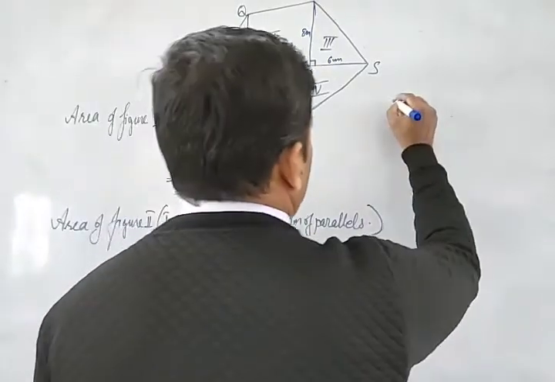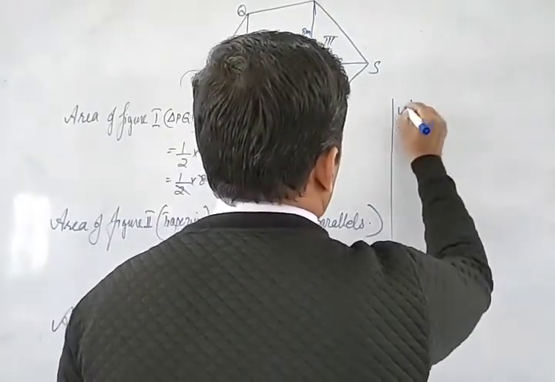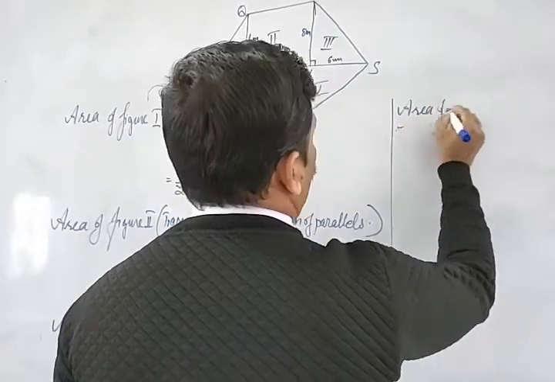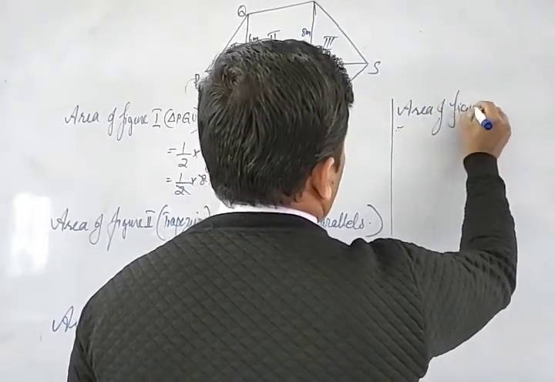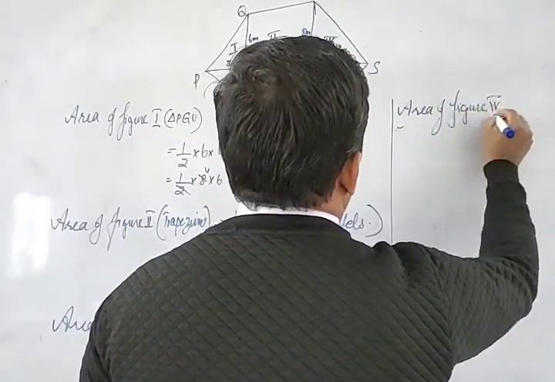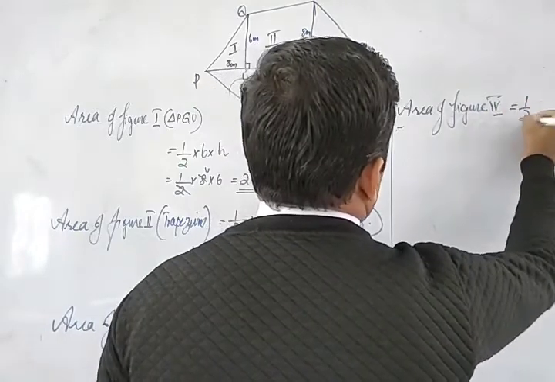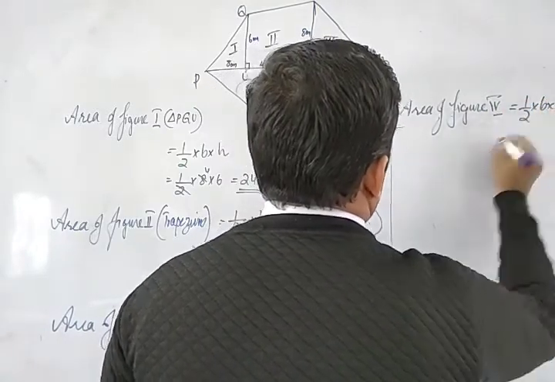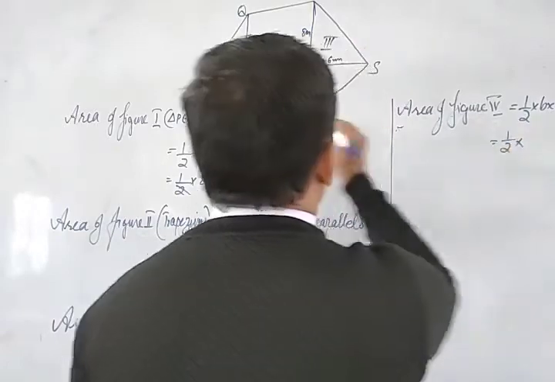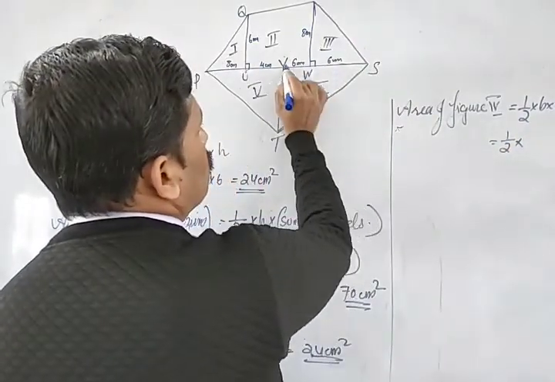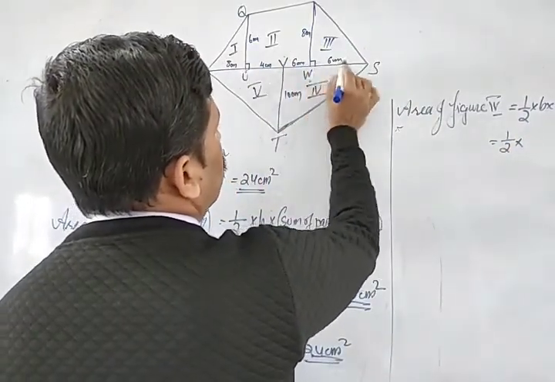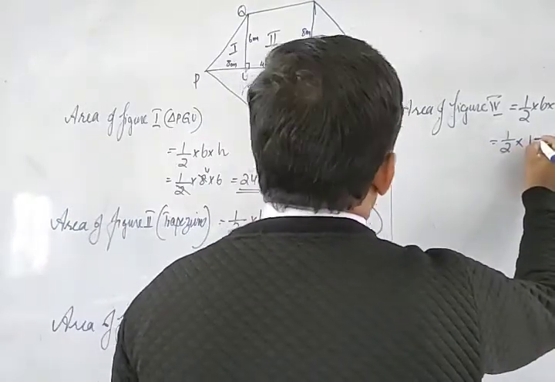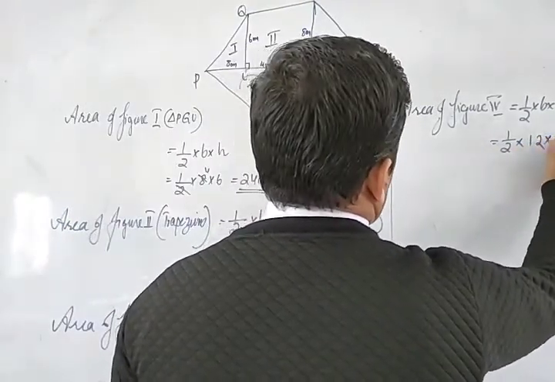So next, area of figure 4. That's a triangle, half into base into height. That's equal to half into base. We can give anything as base. This is 6 plus 6, that means 12. And height is 10 centimeters.